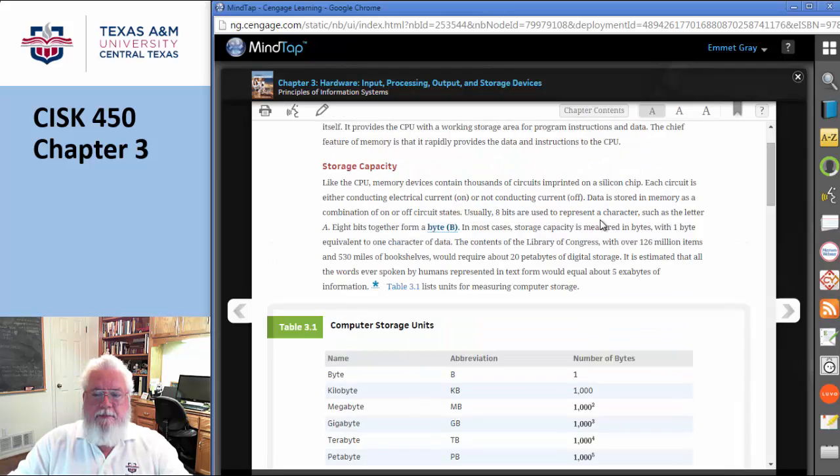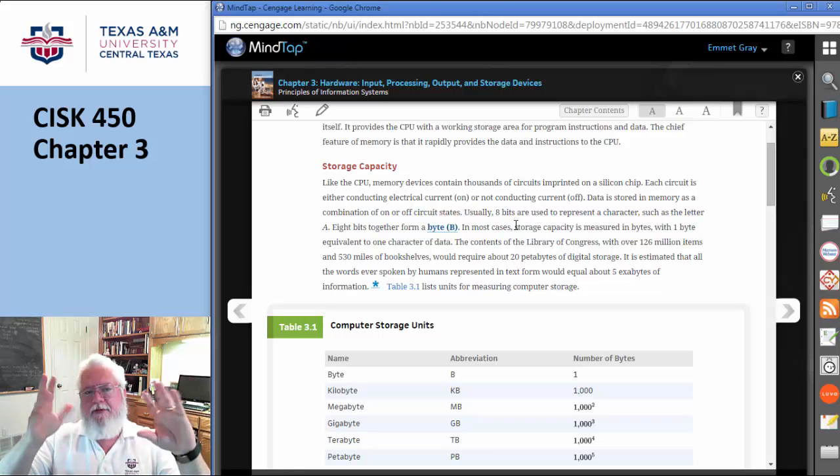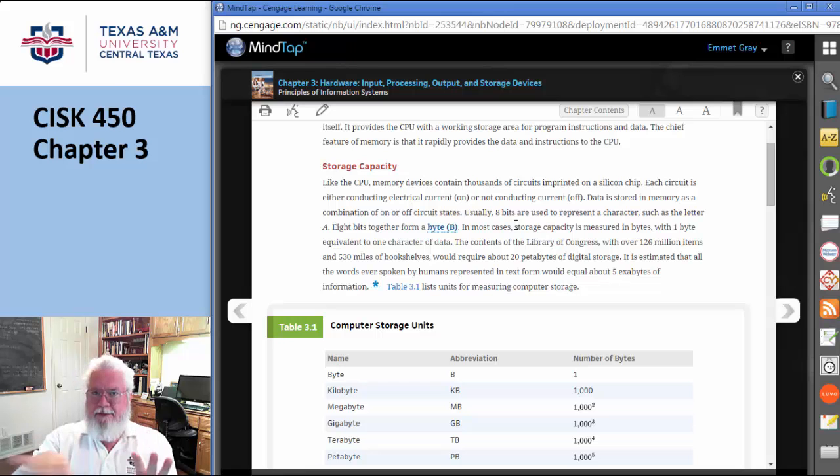Okay. A bit. A bit is just the tiniest little thing. It's just a yes or a no, okay? And I'm not going to try to visualize that. But it takes 8 of these things to make a byte. So a byte is made up of 8 bits. Bit is the lowest. You can't go any further than that. So 8 bits to a byte, 1,024 or perhaps 1,000, depending on what you're talking about, bytes into a kilobyte, etc. All right.